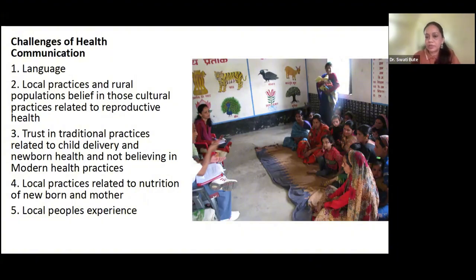Language is the most important challenge, because nowadays, because of the internet and mobile connectivity, people know Hindi and other languages. Otherwise, normally people speak in their mother tongue, the local language. So language is the most important challenge when we talk about science communication or issues related to health communication.